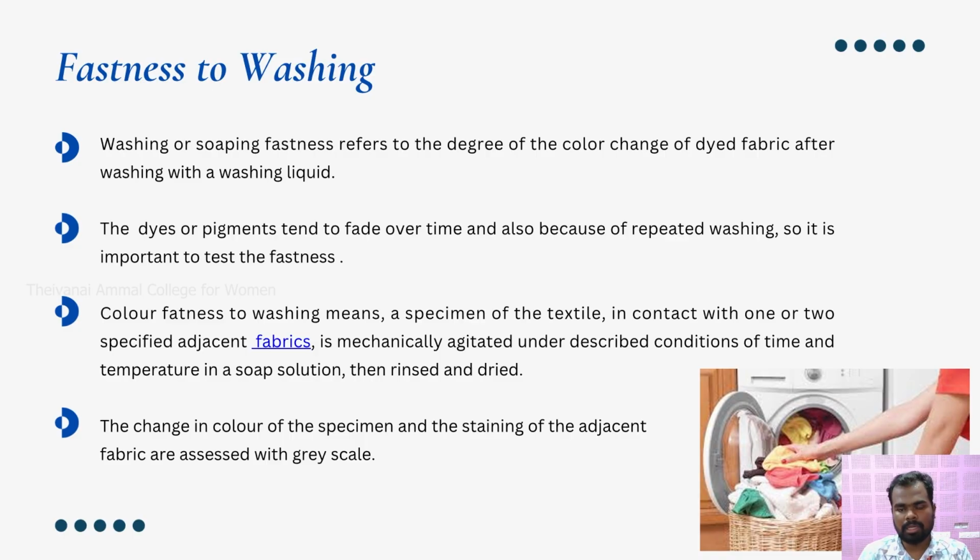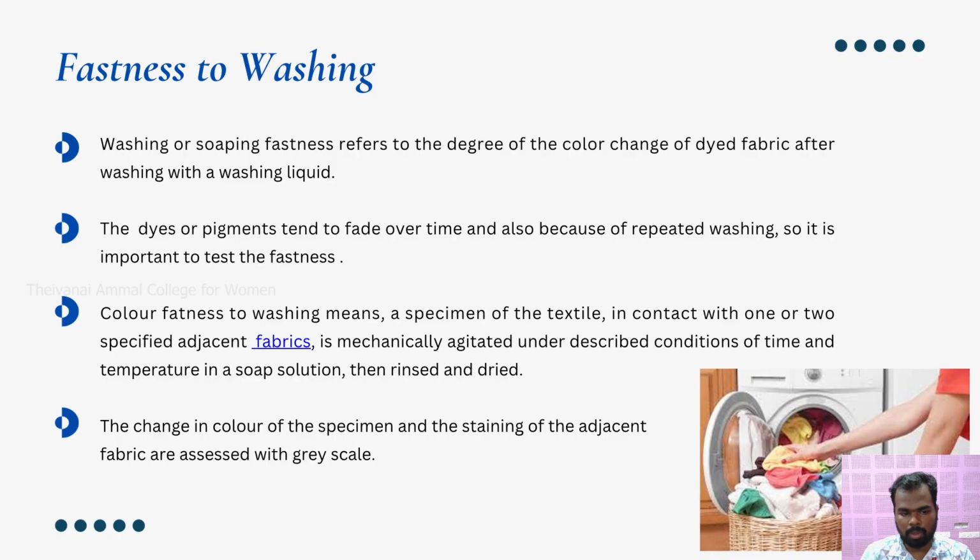After washing, due to our pressure and mechanical forces, the color from the garment or textile material will leave due to the forces and continuous washing. In the test, the textile specimen, in contact with one or two specified adjacent fabrics, is mechanically agitated. By the manual method, a human gives force.